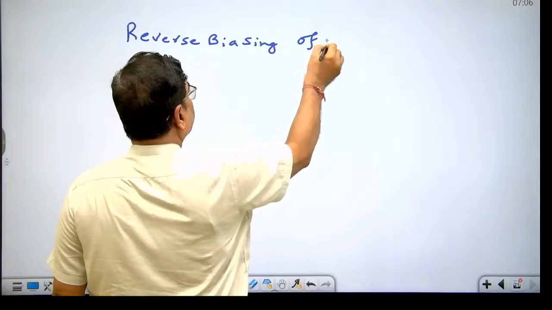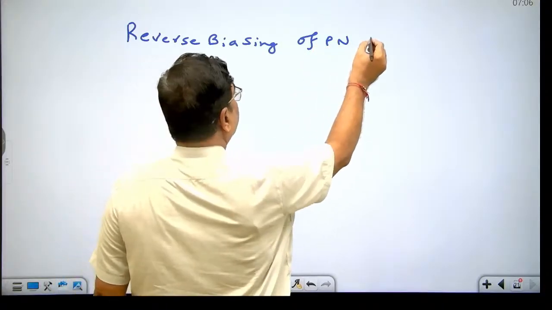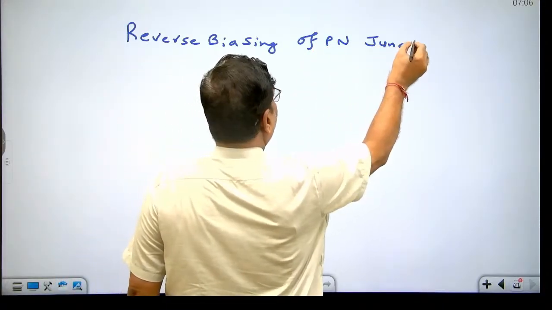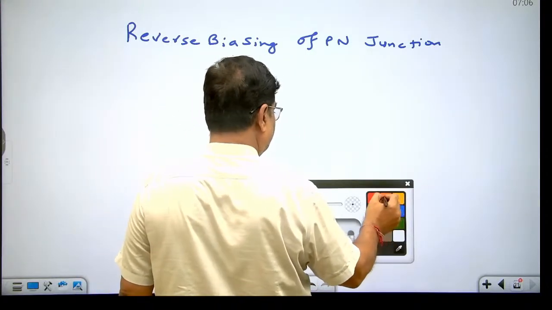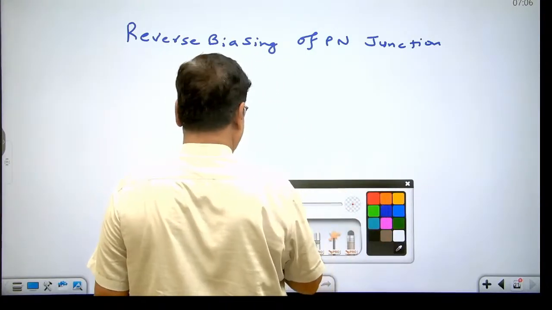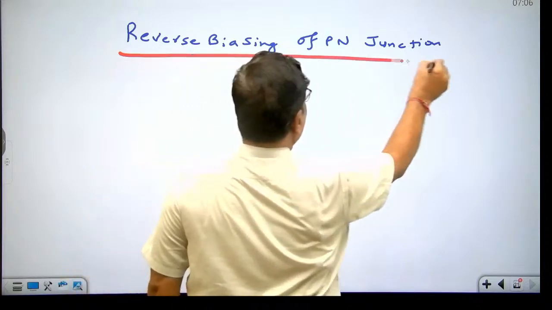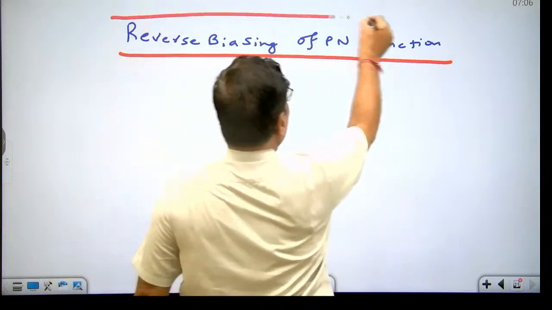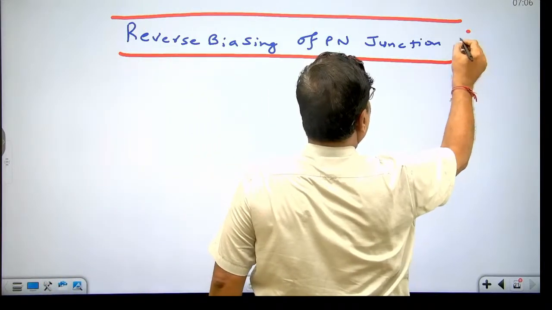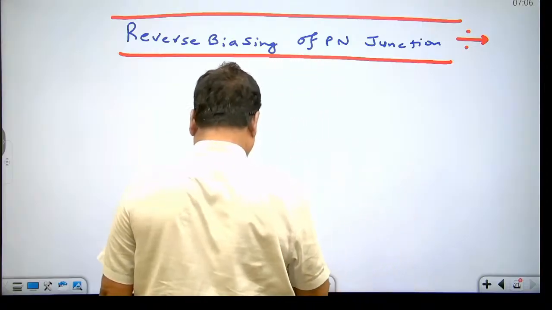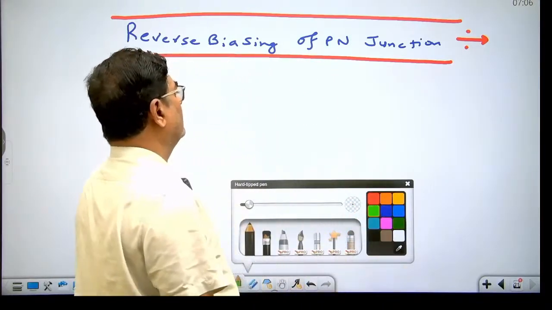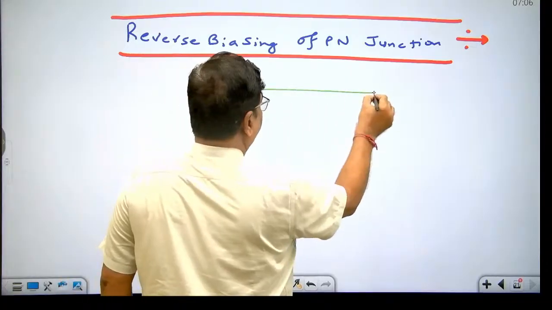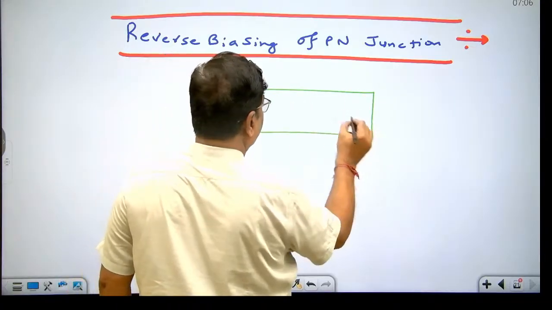Reverse biasing of PN junction. See, in case of reverse biasing, what do we do?